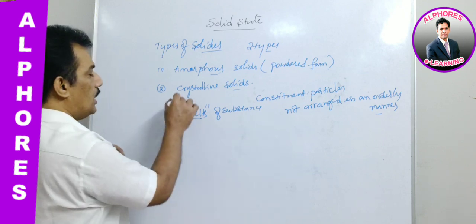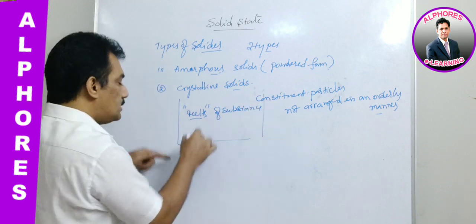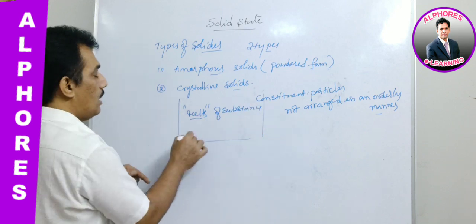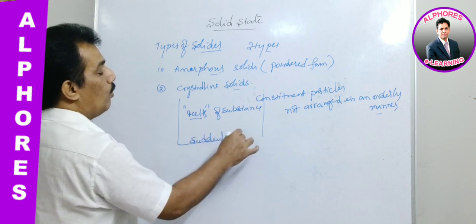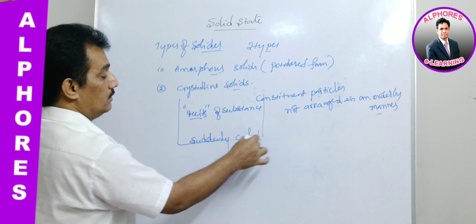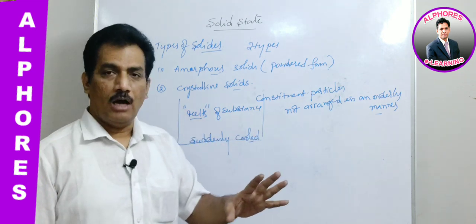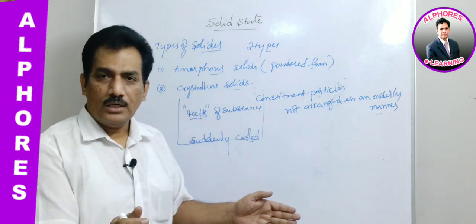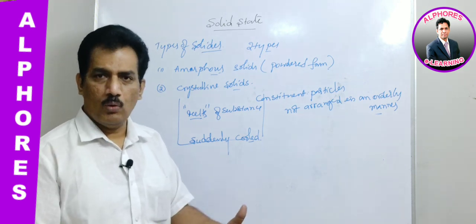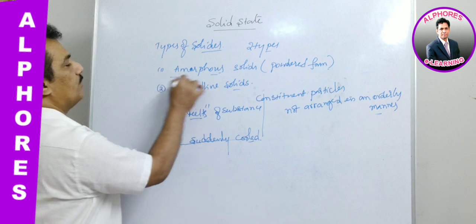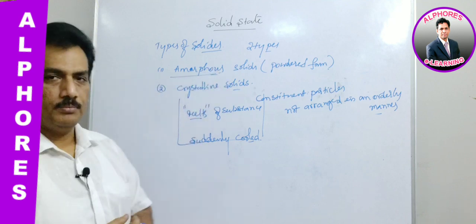And now if suddenly we decrease their temperature, that is when they are suddenly cooled, sudden cooling, simply. But just after making it into molten condition, if suddenly the temperature is dropped, that is suddenly they are cooled, then these amorphous forms of the substances will form.